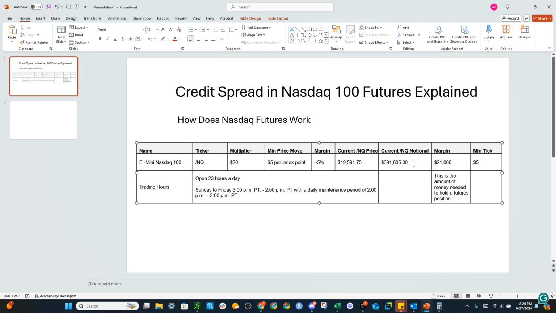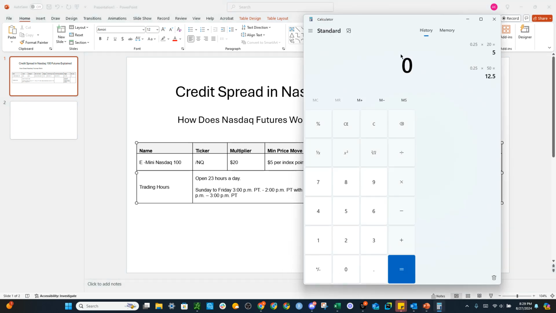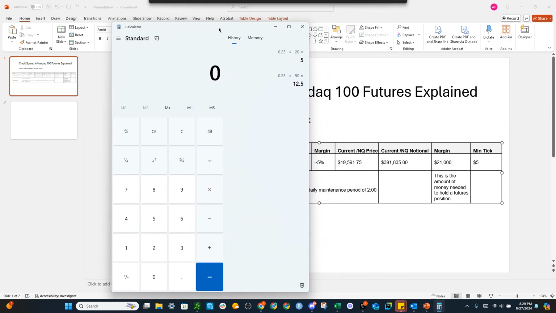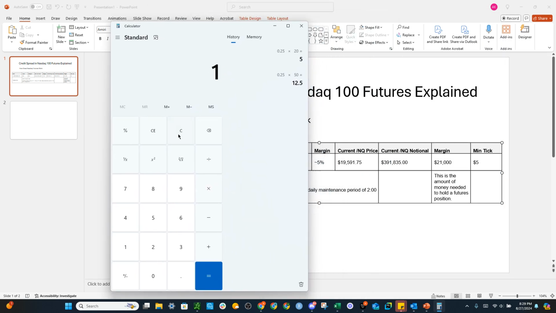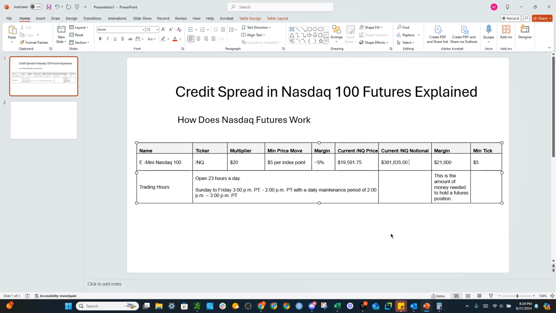The current notional is basically you multiply the current price, 19,591.75, times the multiplier of the index, which is $20. So here, the total notional of this contract is 391,835.